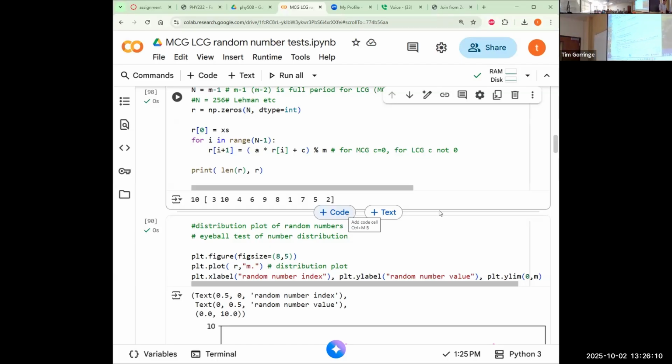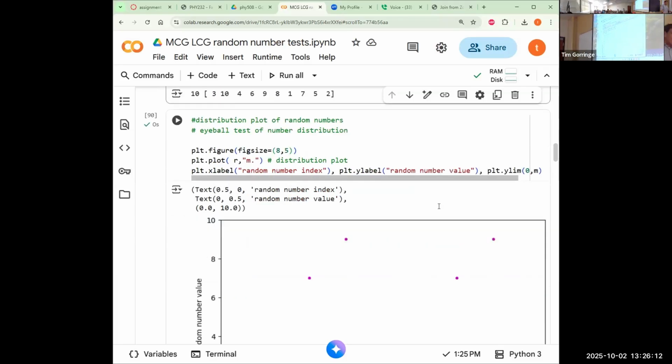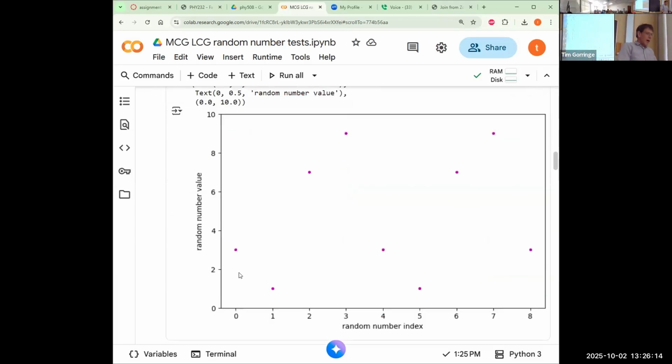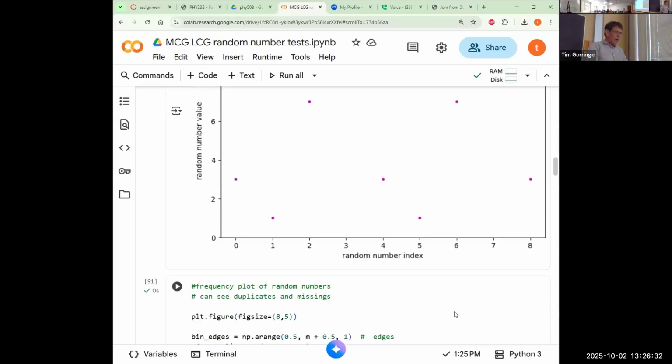So this one has met the basic conditions that we expect. We've got a full period, so we've generated all of our 10 numbers in our space of numbers for that modulus. That's what this plot shows, the sequence of random numbers. It was 3, 1, 7, and so forth here.